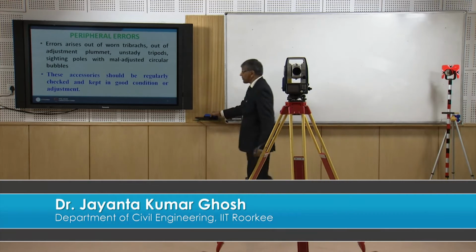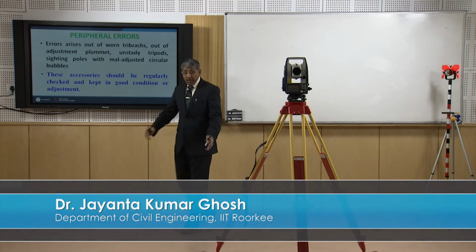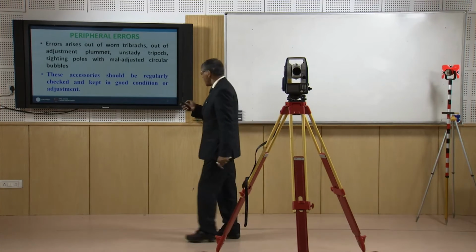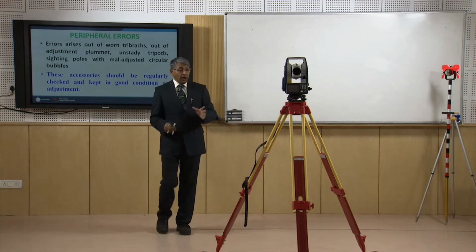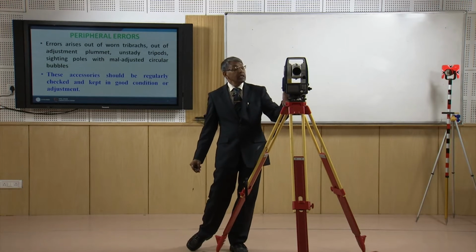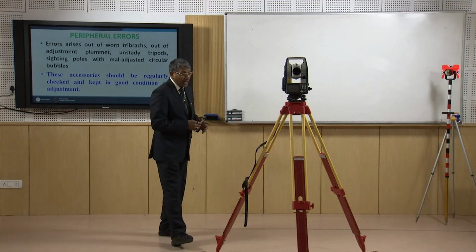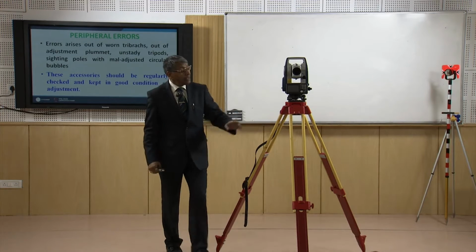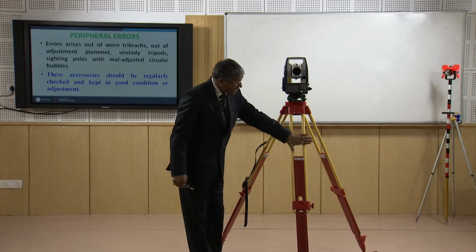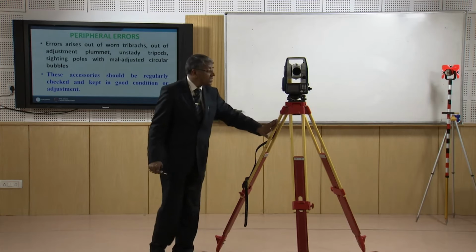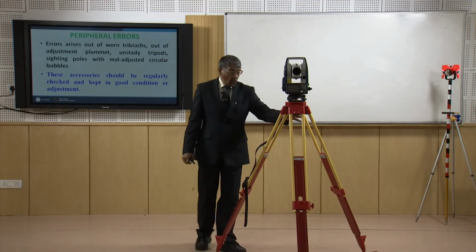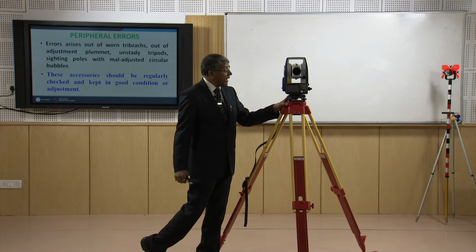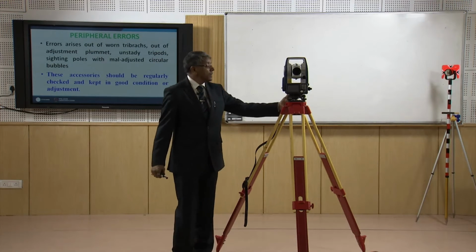Now, apart from this distance error, there are some other errors associated with this instrument. These errors are associated with the peripheral instruments that we use with the total station, like the tripod stand. In this case, we are making use of a very good quality tripod stand whose head is perfectly made as well as leveled, and the fixings are nice.